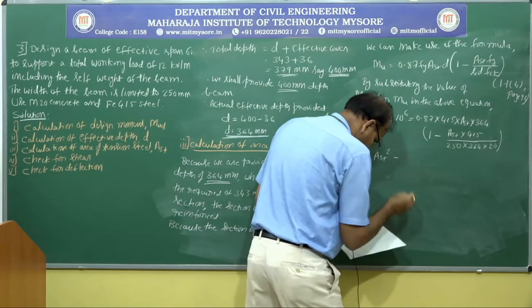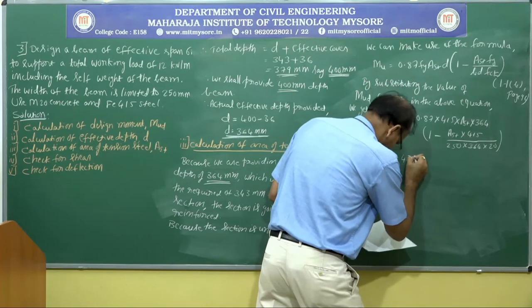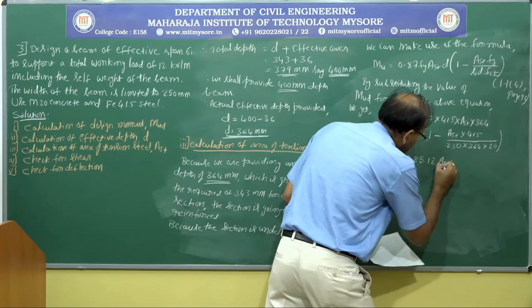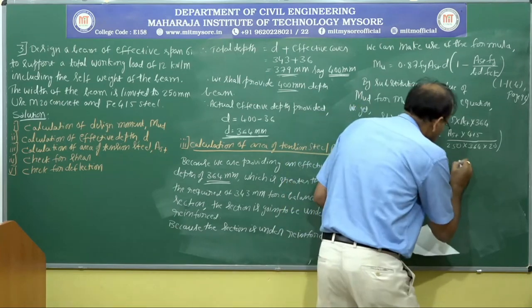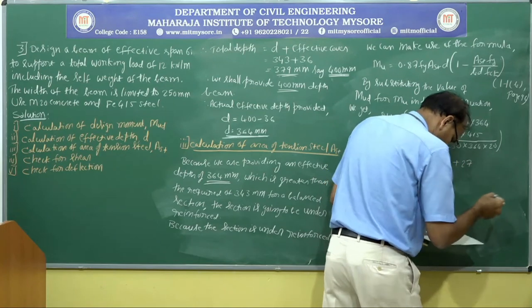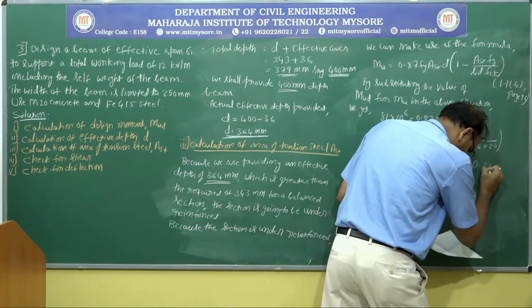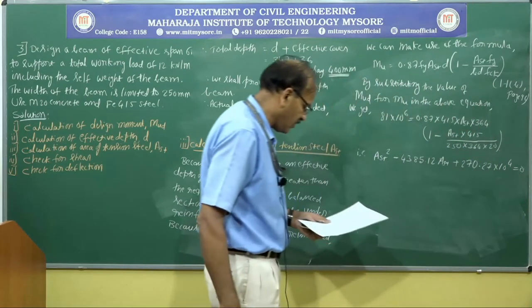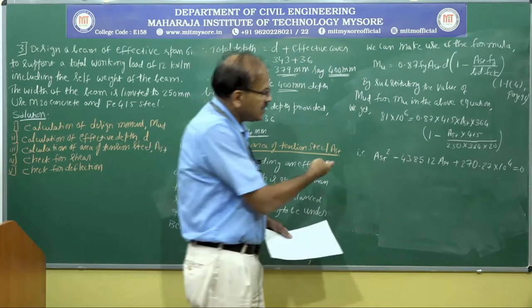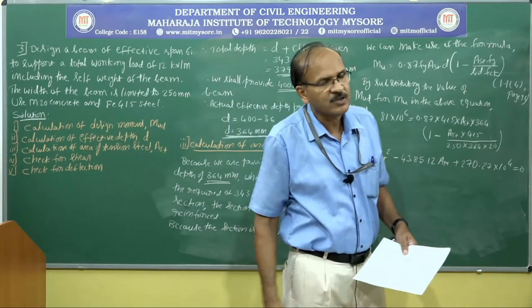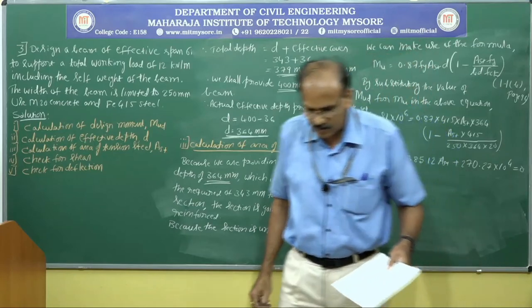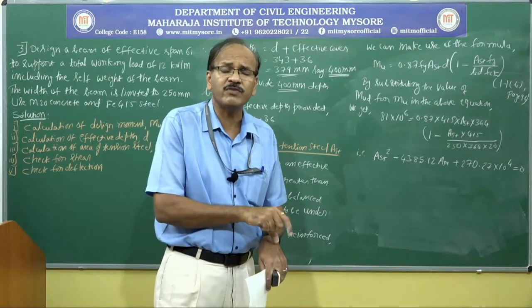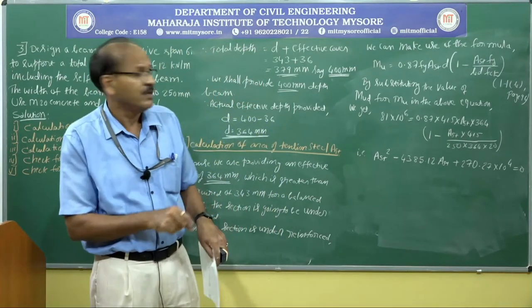So finally the equation reduces to Ast square minus 4385.12 Ast plus 27.27 into 10 to the power of 4 equal to 0. So this is the equation in the form of ax square plus bx plus c, wherein the solution is x equal to minus b plus or minus square root of b square minus 4ac divided by 2a.